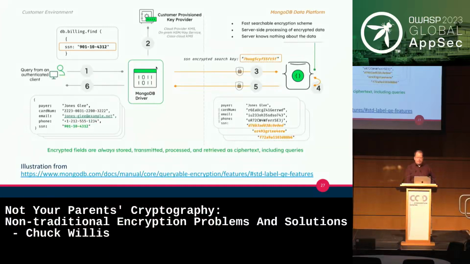But the idea is that the client side is the only thing that has the keys, both for decrypting the data and for encrypting data to be sent up for searches. The general picture is very similar to typical field level encryption, where the data is encrypted before it's sent.